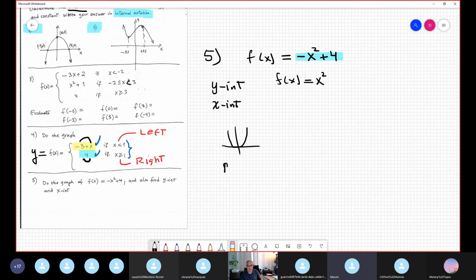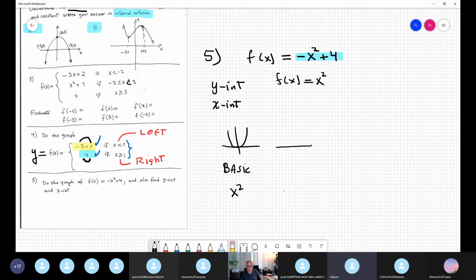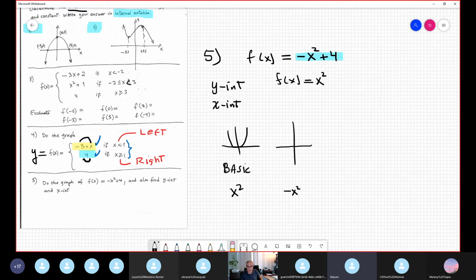It's a base graph. But we can see here minus a reflection. Okay, but what kind of reflection? This is x squared. This is minus x squared. It's a reflection. And reflection look like that. Boom. Pero reflection about x-axis.